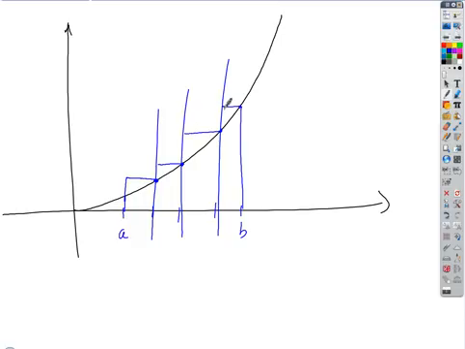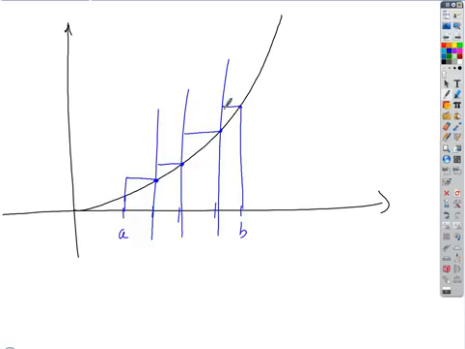And if I add all those up, that's easy to do, right? It's easy to do because I can determine what the width of each one of those rectangles is. If I know what the width of the interval is, all I've got to do is divide it by 4. Everybody agree? Okay. The height of the rectangle is also easy to do because I presumably know what this function is.